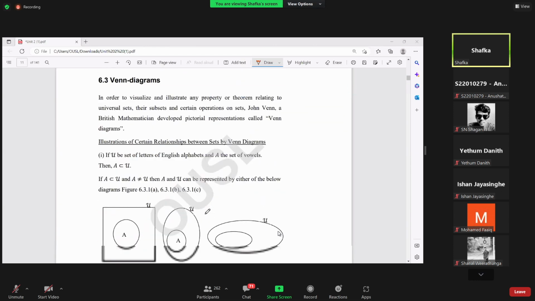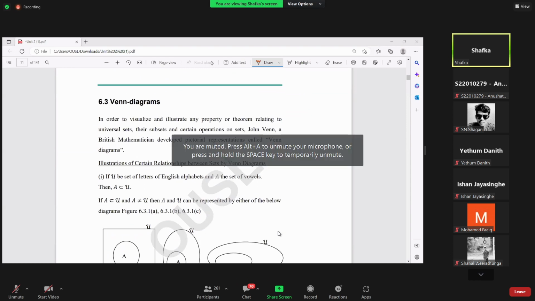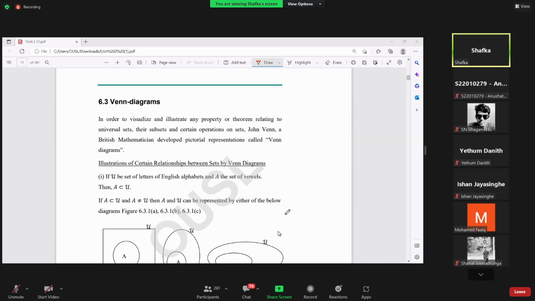Then let's move to the Venn diagram. This is the pictorial, or graphical, way to represent sets. Normally, when you are considering a universal set, we represent it by using a rectangle or a square. Inside that, we draw some sets according to their elements.